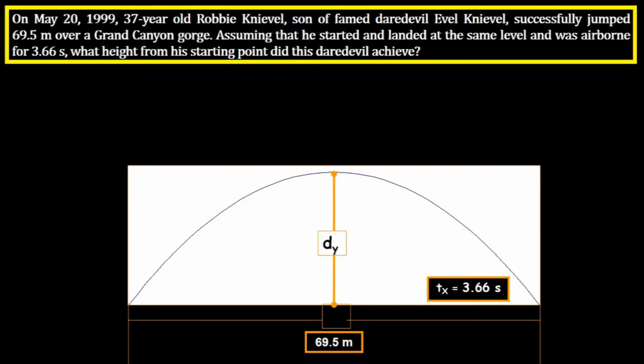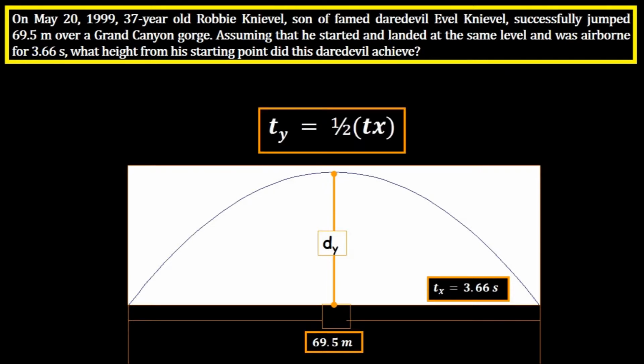But anyway, be that as it may, this is the trajectory. And we know that he's going to go 69.5 meters. That's the distance across the canyon. We know that it's going to take him 3.66 seconds to get there. Thereby, we know what ty is going to be because it's half of tx. Remember the symmetry here. So ty equals 1/2 tx. So what is 1/2 of 3.66 seconds?